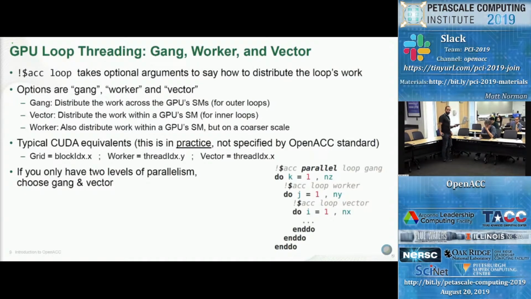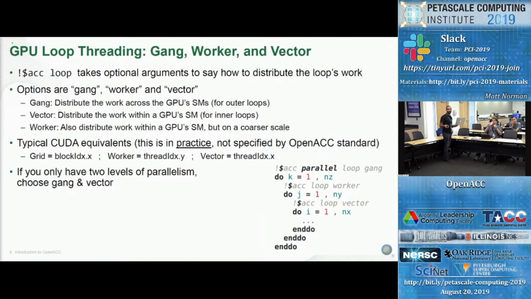If you look at the third bullet point here, this is the CUDA equivalent of what you're looking at for gang, worker, and vector. Again, grid should be gang here. I'll make that change. But vector is the finest level of parallelism. So if you wanted to think of a vector as being a warp, you could, but really it's not.